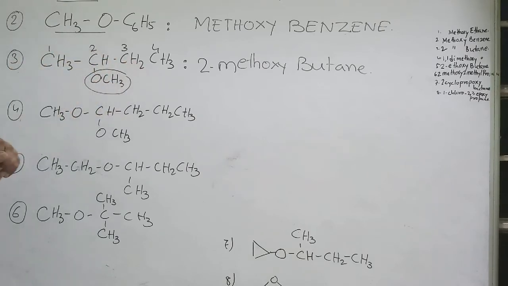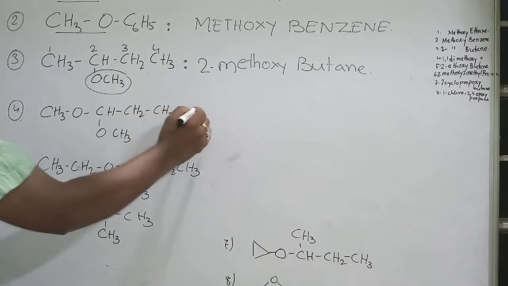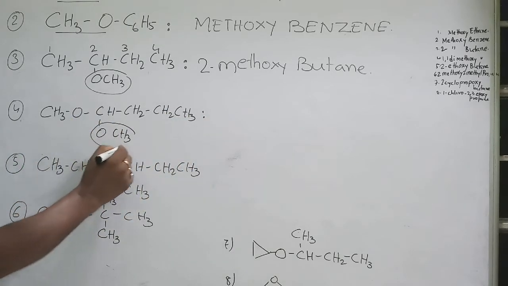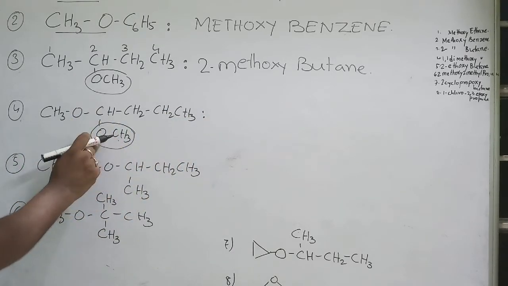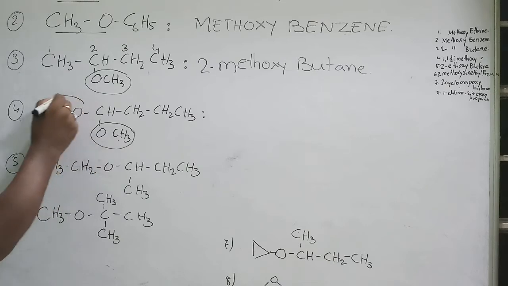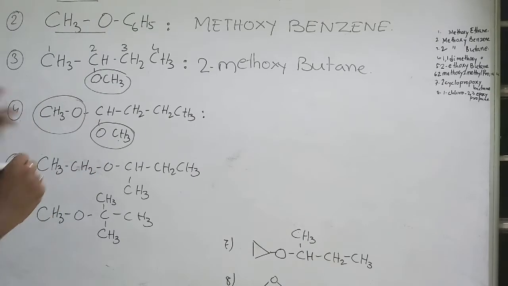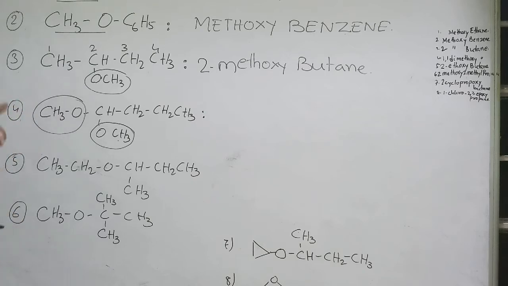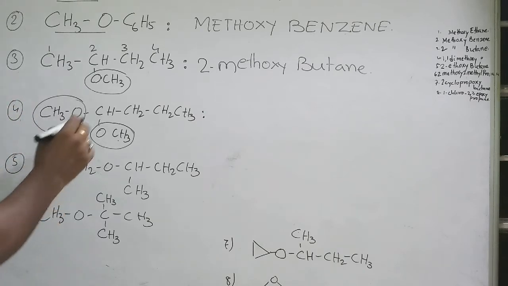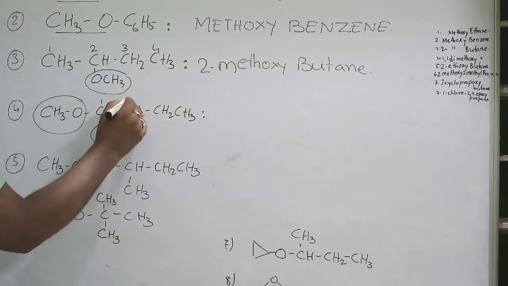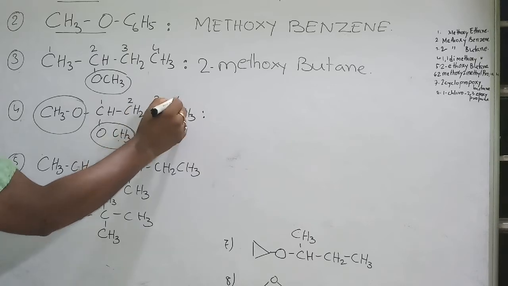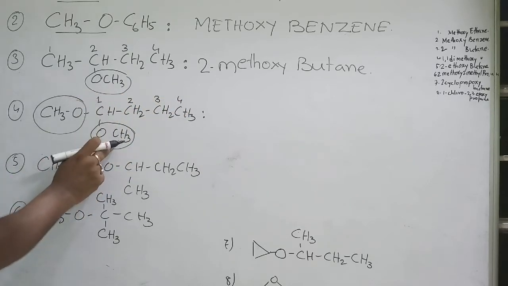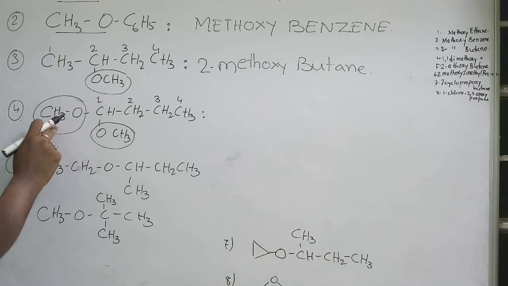If I go with this part again, you can see there is an oxy group here. So this is methoxy. Here also one methoxy. So how many methoxy, student? There are 2 methoxy. So we can write this is carbon number 1, number 2, number 3 and number 4. The first carbon contains a methoxy, and the first carbon contains another methoxy.